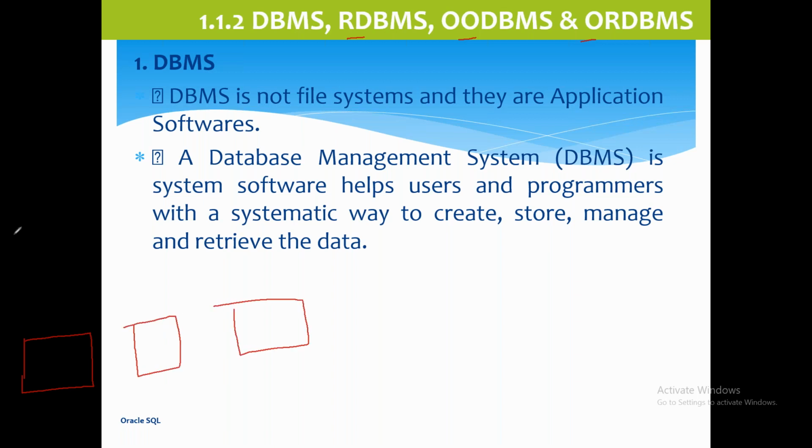Suppose in a project, hospital related work is going on. In that hospital related project, multiple tables are there. One is patient table, another is doctor table, another is address table, another is medicine table, like that.